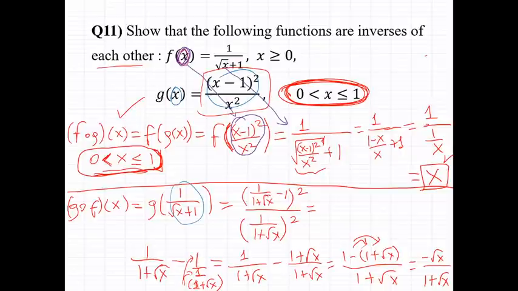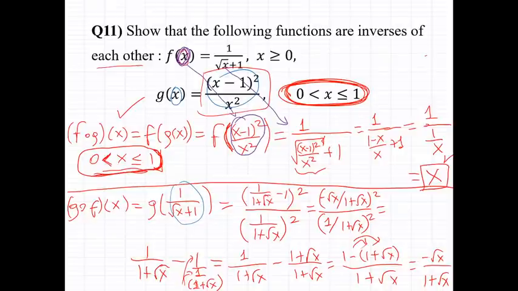Now I will write this one now as minus square root of x divided by 1 plus square root of x squared, divided by 1 over 1 plus square root of x squared.